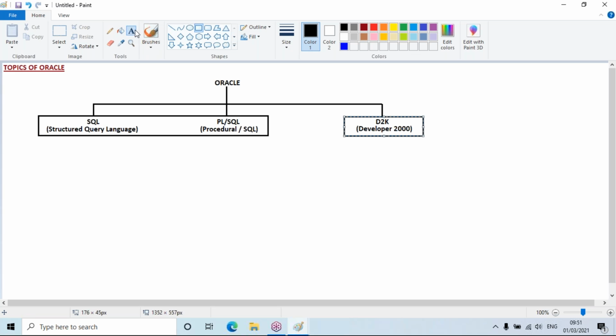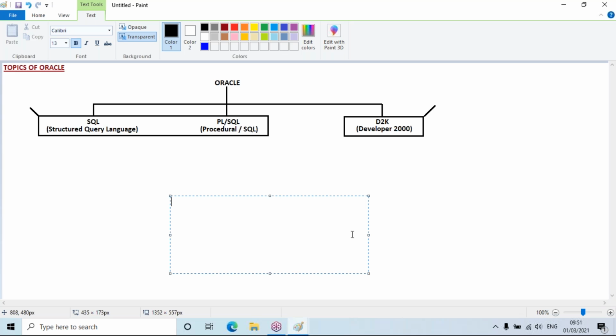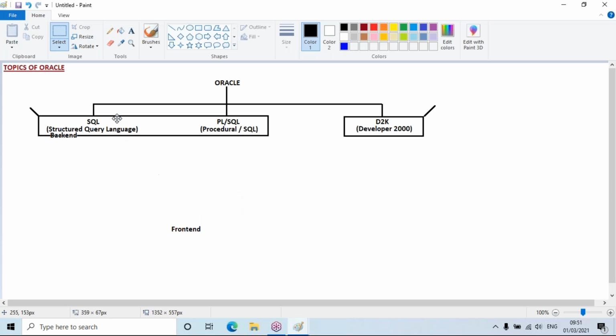As a simple conclusion, SQL and PL SQL together are called by one name. And those terms that we use, SQL and PL SQL both come as backend. D2K is used as front end. This is used as backend and this is used as front end. SQL, PL SQL.